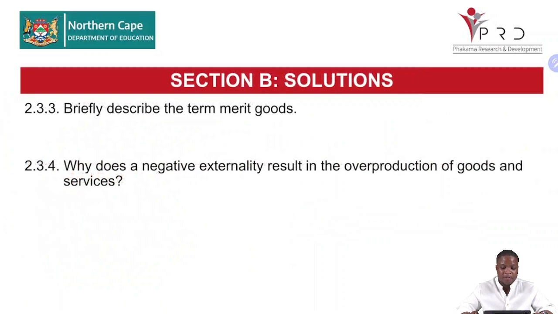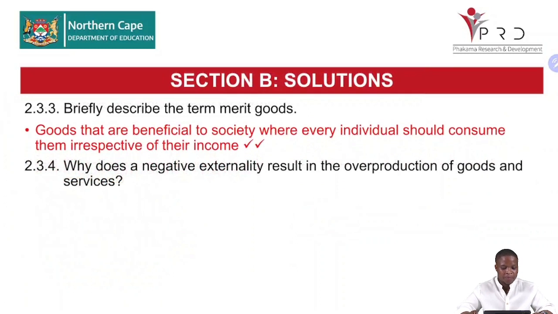And number 3, briefly describe the term merit goods. These are the goods that are undersupplied by your private sector. Then the government comes in. We're talking of education, for example, healthcare, but let's describe it. Merit goods are goods that are beneficial to the society, where individuals should consume them irrespective of their income, right?